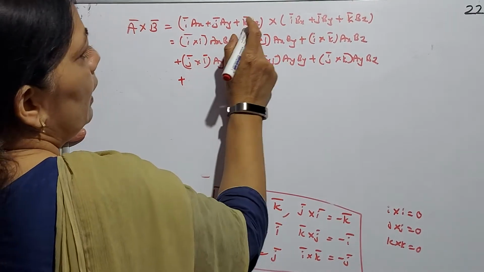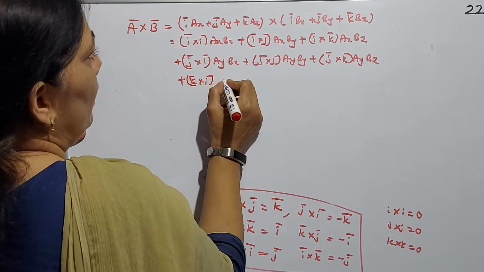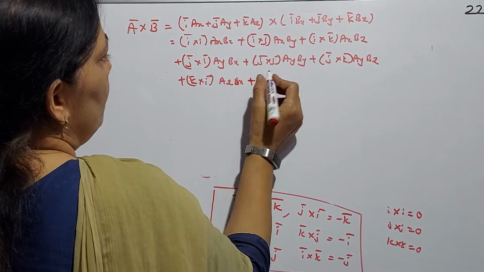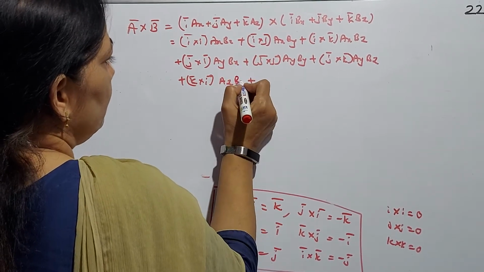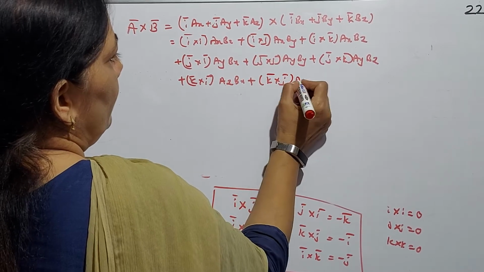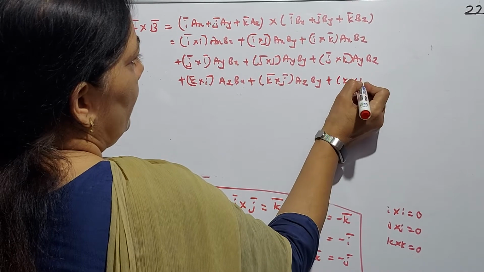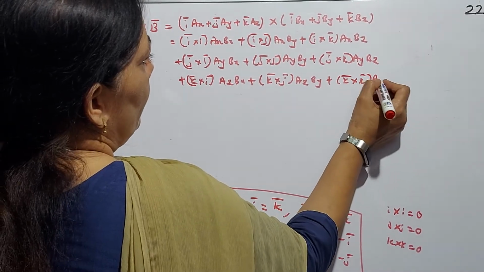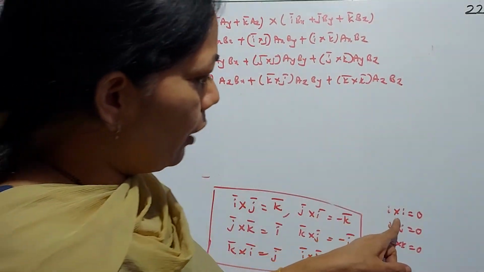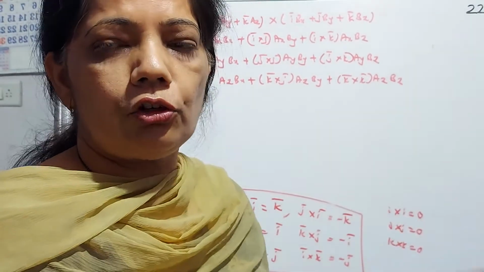Now the third, K with this: K cross I AZBX plus K cross J AZBY plus K cross K AZBZ, correct? Using I cross I 0, J cross J 0, K cross K 0, because A cross A is 0.